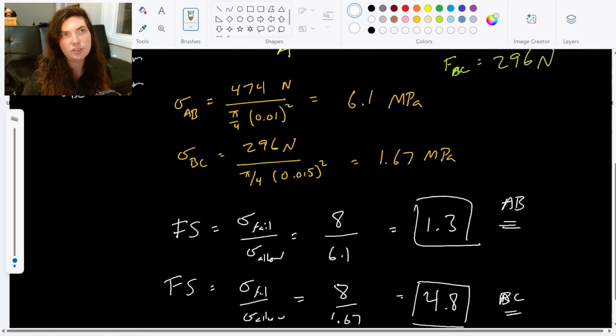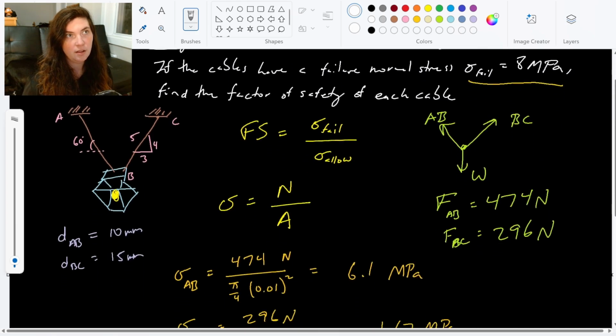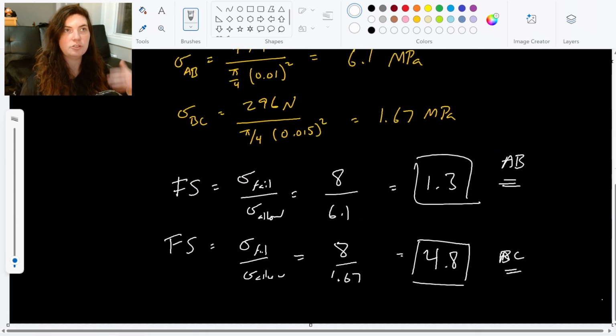And we might intuitively know that just because the diameter of AB is smaller than BC. But here we can show it, and we can show that just that increase in a 5 millimeter difference in diameter, right, a 50% increase in diameter gave us up from 1.3 to 4.8, like a triple, quadruple increase in safety just from that minuscule change.